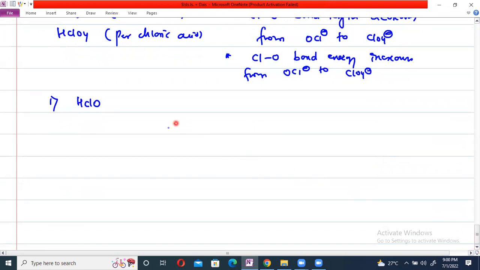In HClO, if we take out the hydrogen, I will get the salt ClO negative. So Cl is here, beta, bonded with the O. You know, chlorine has 3 lone pairs here. As it has 3 lone pairs, how does the structure look? Sir, it looks linear.